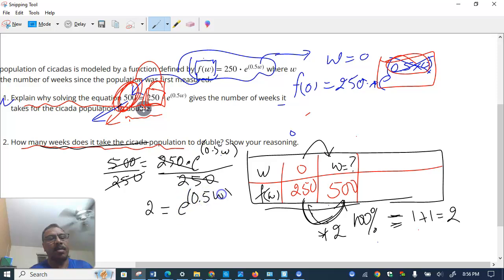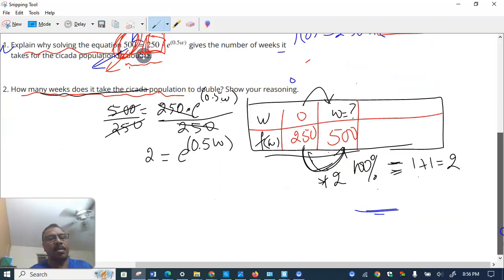0.5w, and then we use the definition of logarithm. Again, I always like to show that. So if e raised to x equals y, then x equals the logarithm to the base e of y.